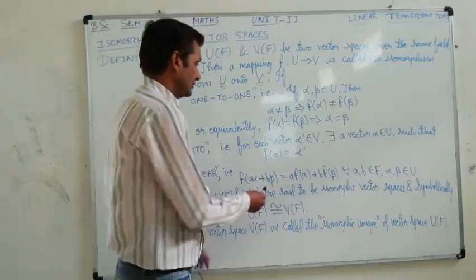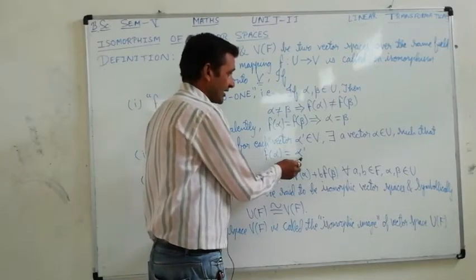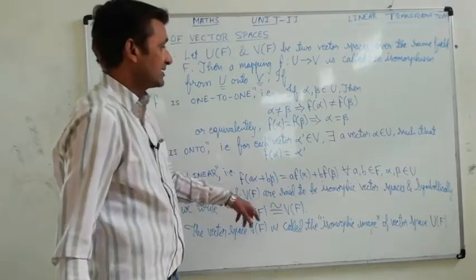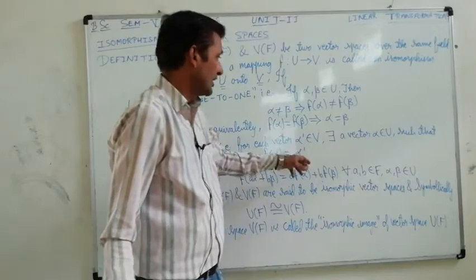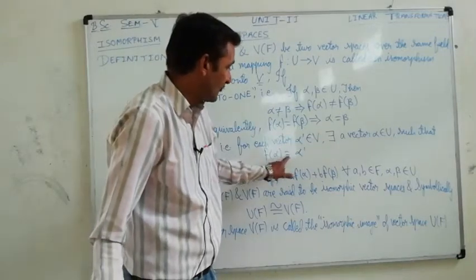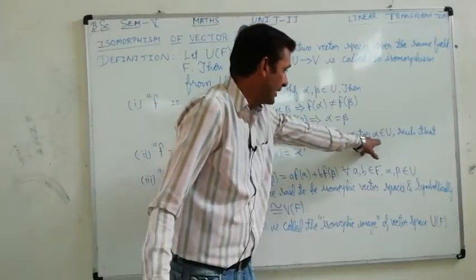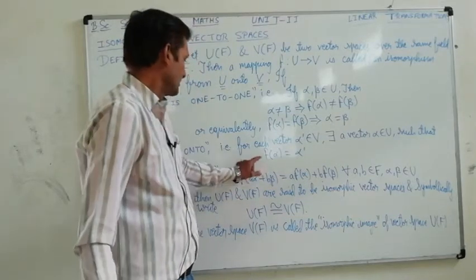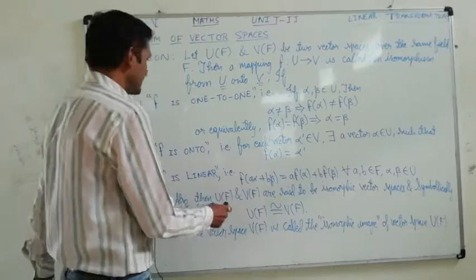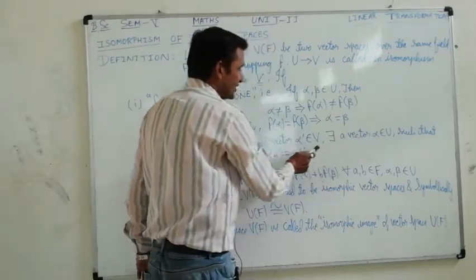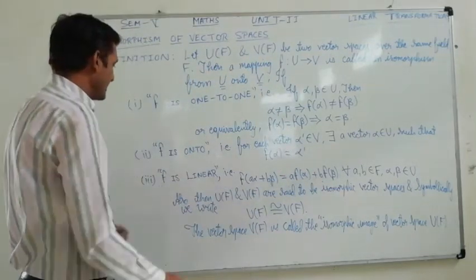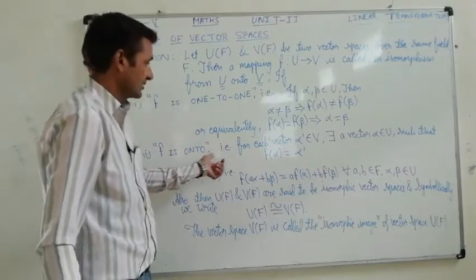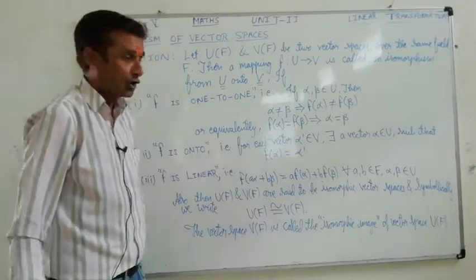Means what? Its image is situated here, means the image of an element of U is situated in V. That is known as f is onto. This defines that f is onto.